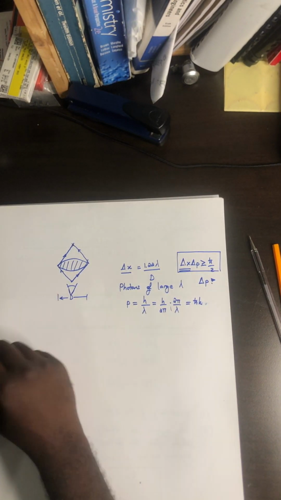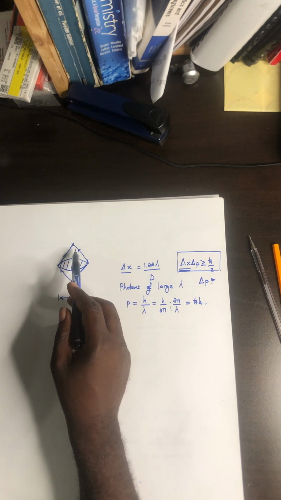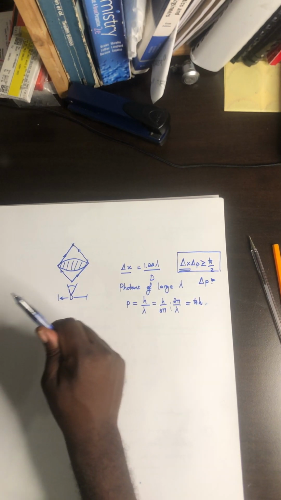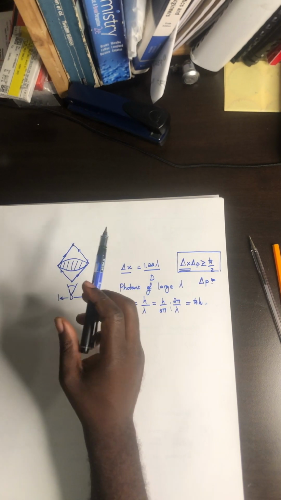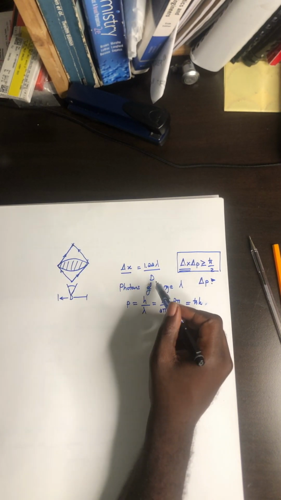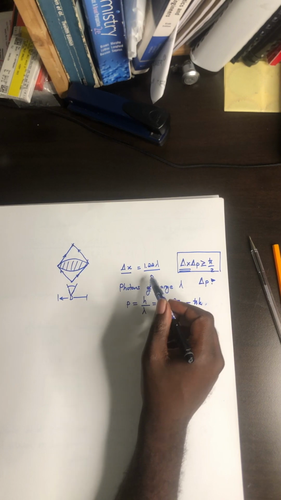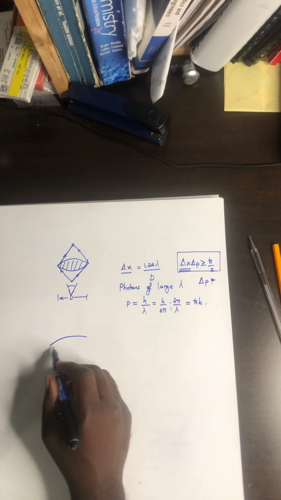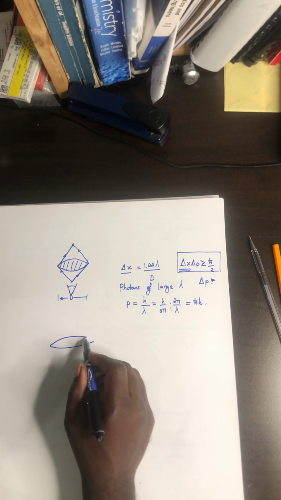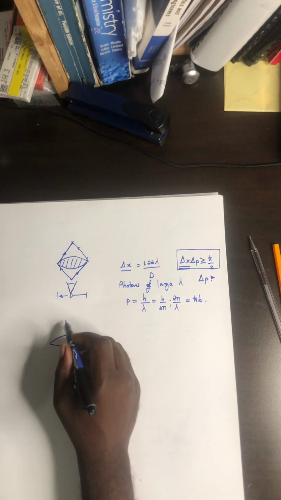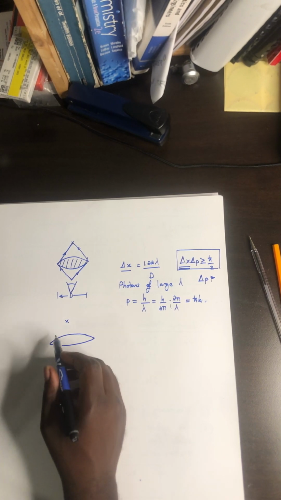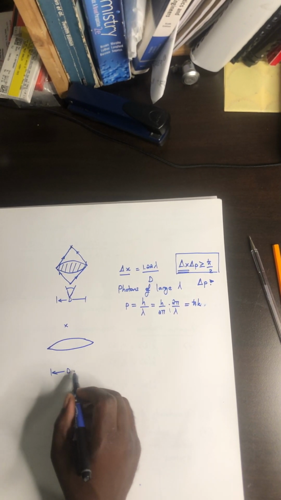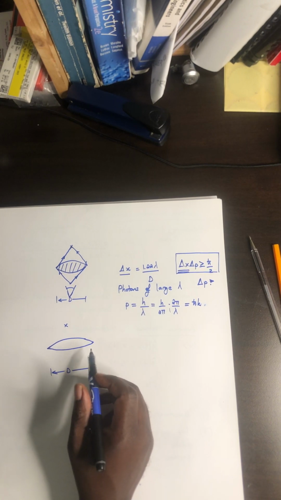Another reason why there's an uncertainty in the position measurement is this. We have to choose a lens with a large diameter for our microscope.